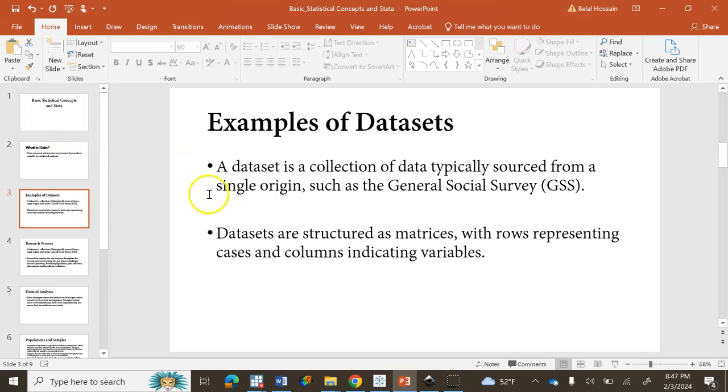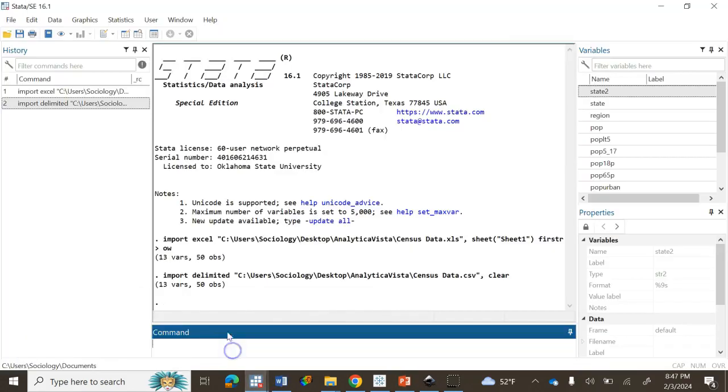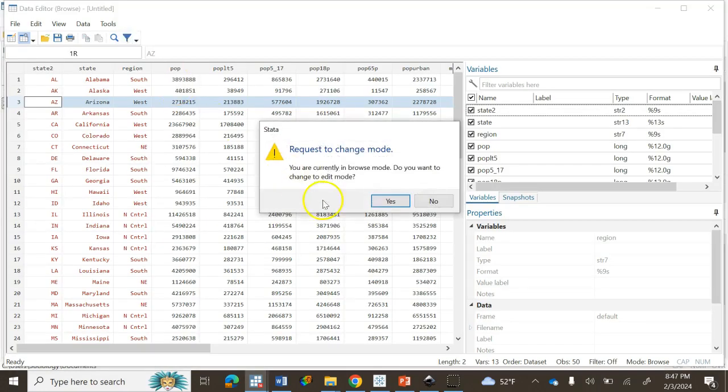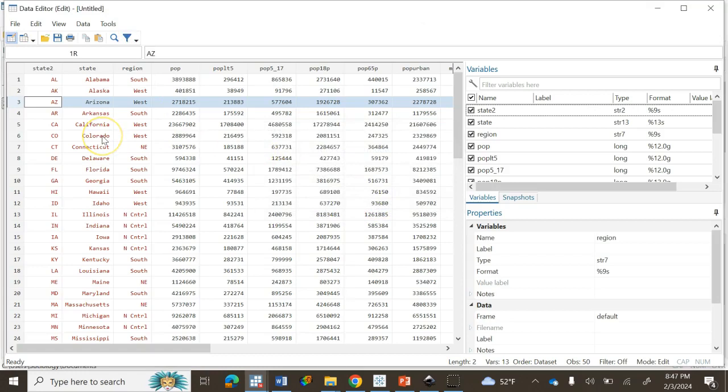So let's look at the format of the data. Okay, so here is our data set in Stata. Now we are going to go to data browser view. In this data set, you can see these are the columns, the selected ones. In the columns, we have the variables, for example, the variable of population and the variable for population in the urban area.